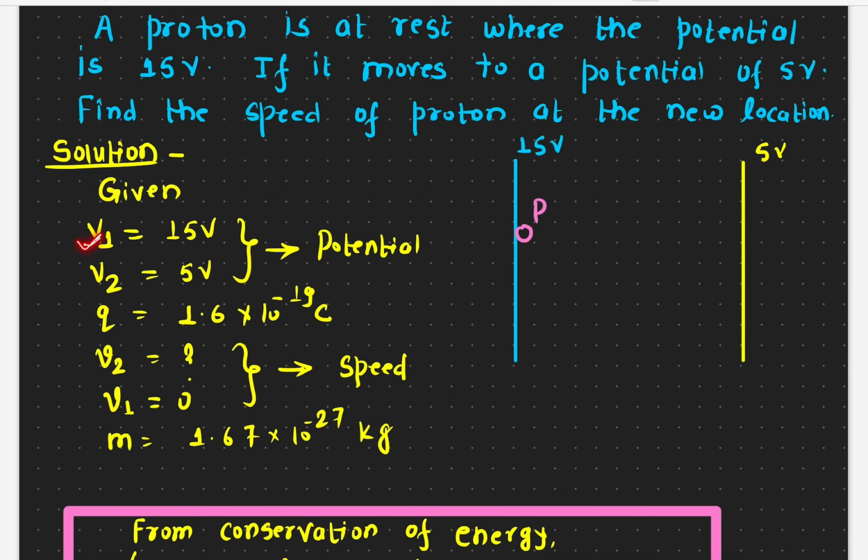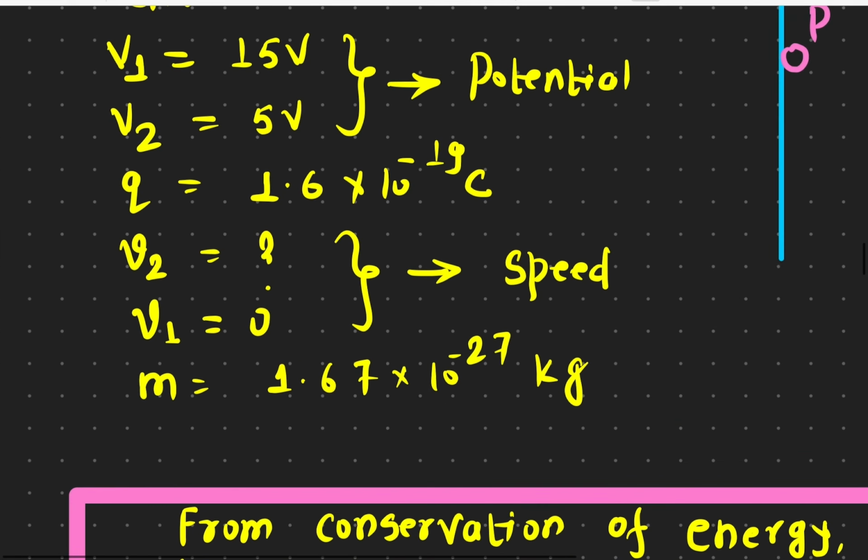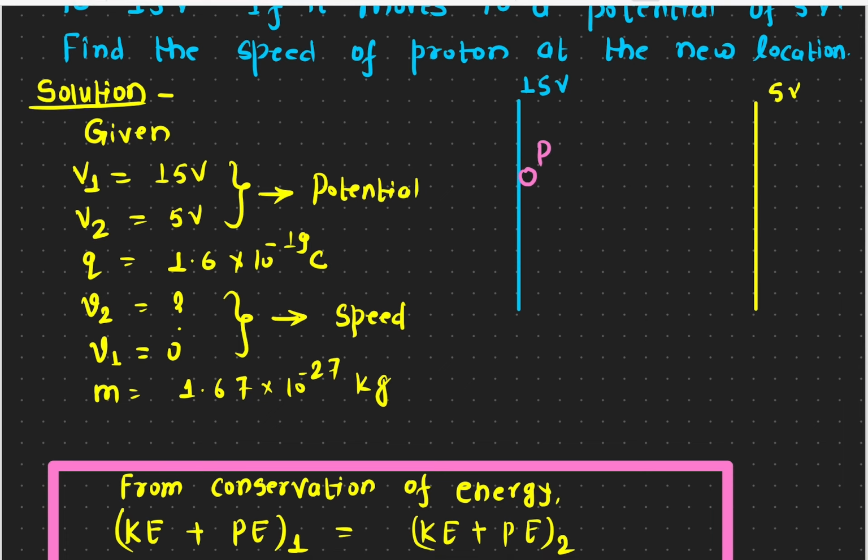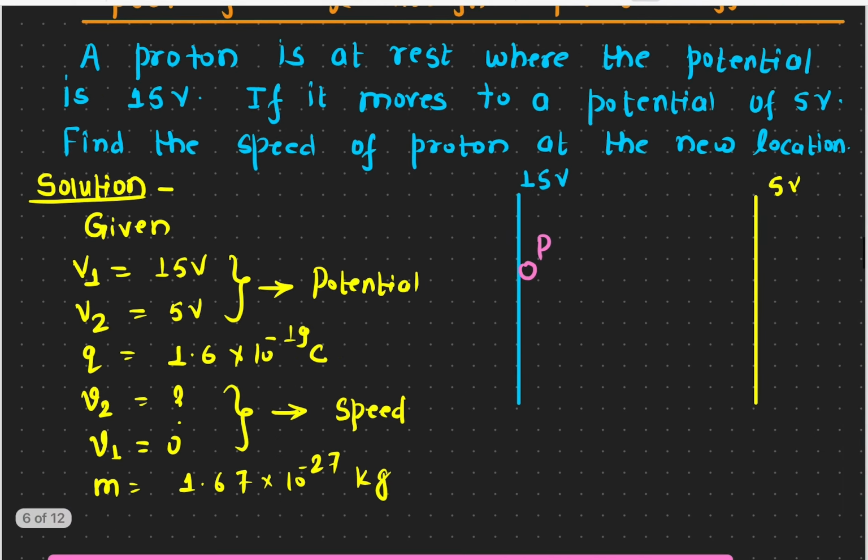This capital V stands for the potential, and this italic and curly v stands for the speed. There is a difference. Do not get confused. Both are the V. This is for the potential and this is for the speed. So at this potential here, the proton has a 0 speed because it is starting from rest. You see here, that is given.